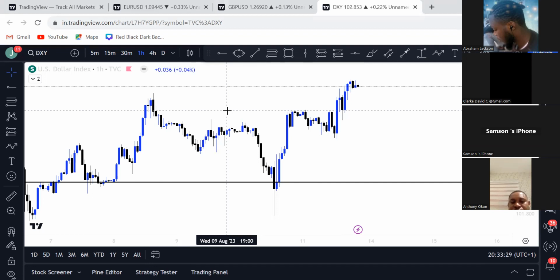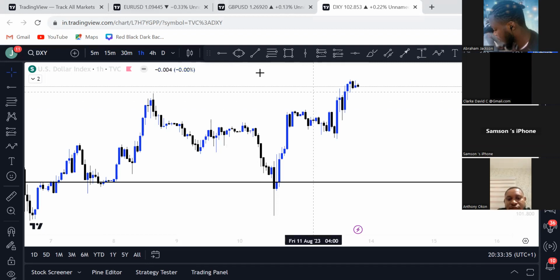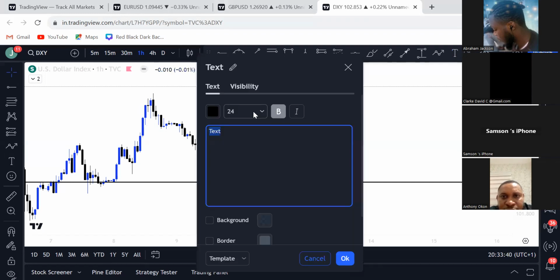Now, this dollar index has an opposite correlation to these three pairs that I trade. Why is it so? Because the three pairs that I trade are, like I said, XXX USD.